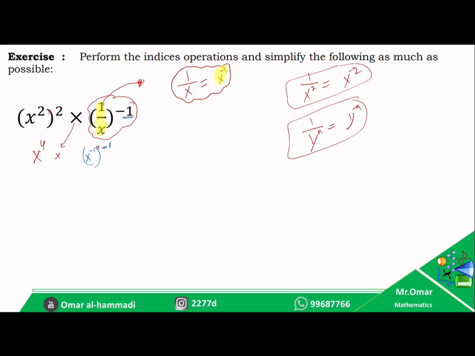Minus 1 multiplied by minus 1 equals how much? It is just 1. So x to the power 4 multiplied by x to the power 1. And in multiplication, what do we do? We add the powers. So it will be x to the power 4 plus 1. It will give us x to the power 5. That's it.